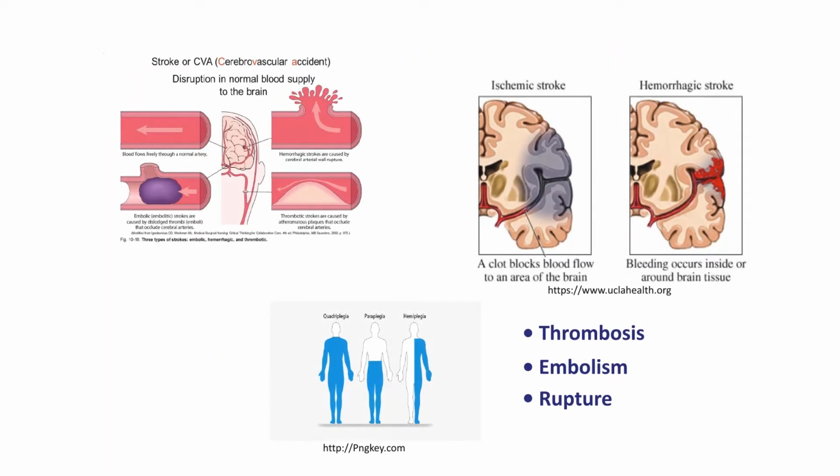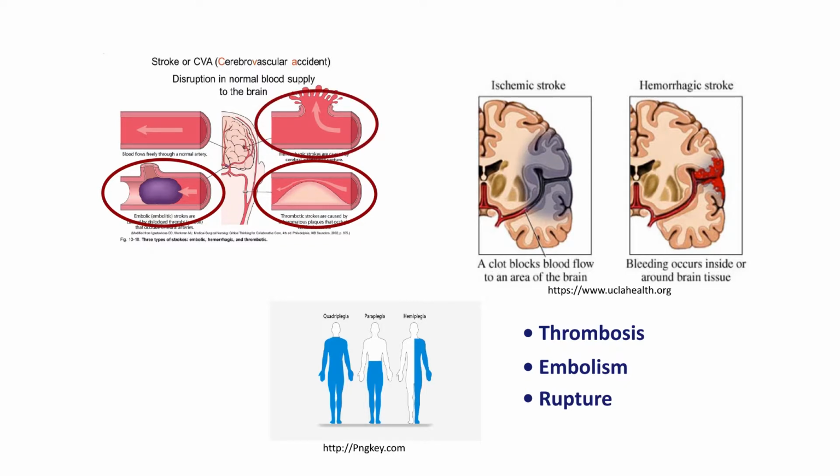The brain has a blood supply. The disruptions of this blood circulation in the brain are caused by thrombosis, or the narrowing of the blood vessel, the blockage of the blood vessels, which we call embolism, and the rupture of the blood vessel.